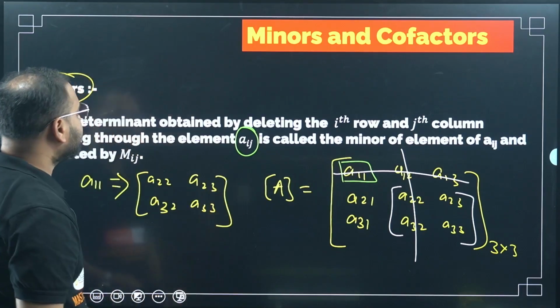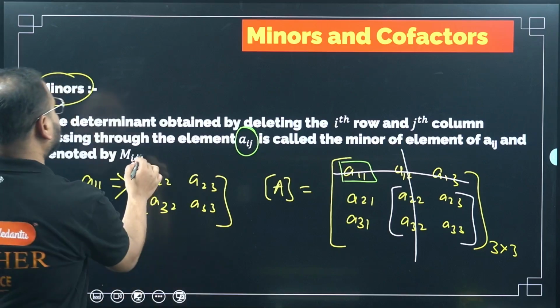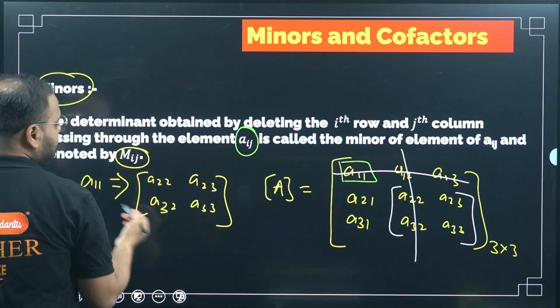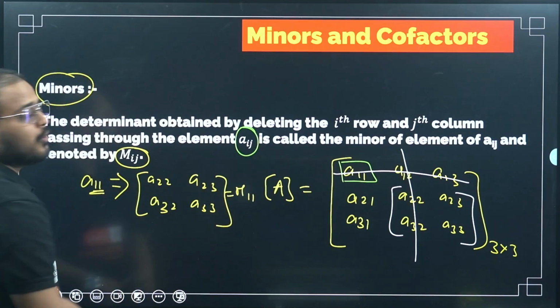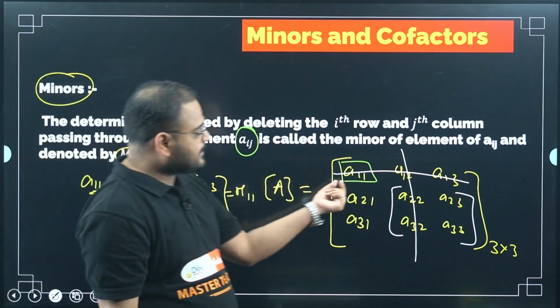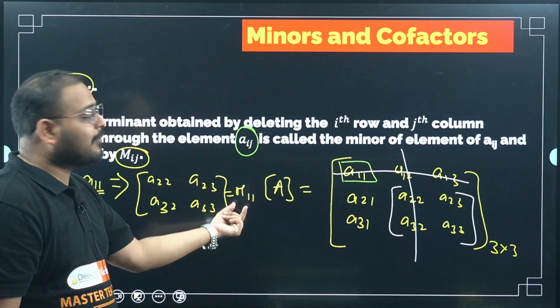And how do we represent this? Like Mij. So this is basically my M11. Why M11? Because we are writing with respect to A11. So the minor with respect to A11 is given by M11.